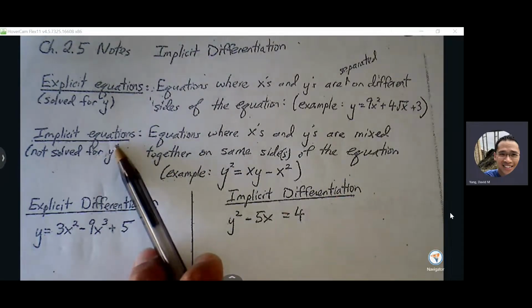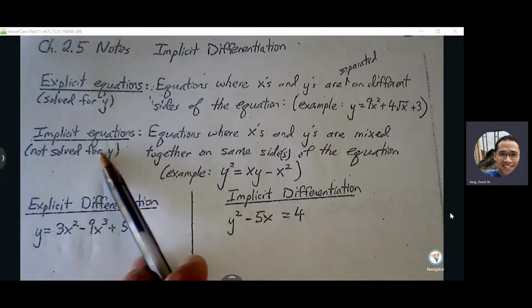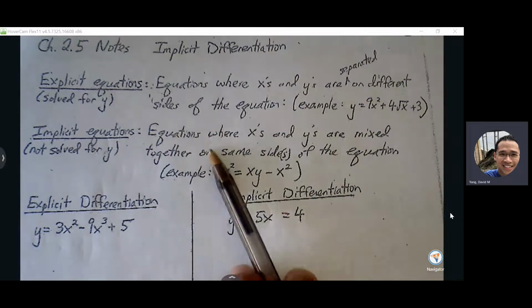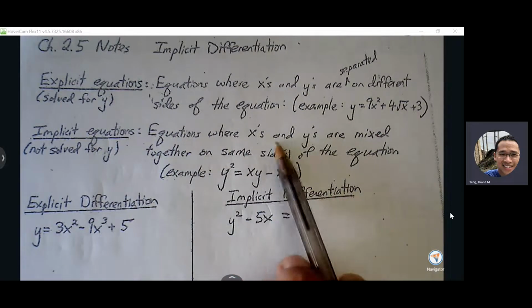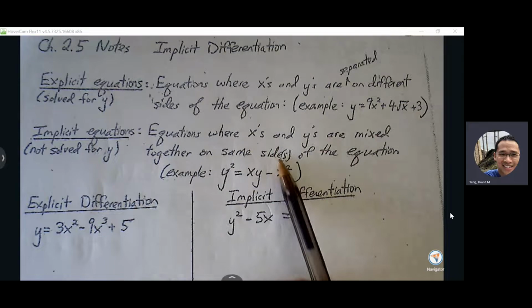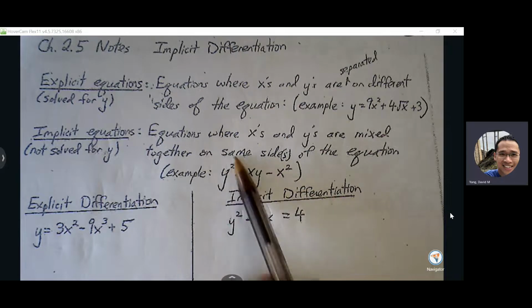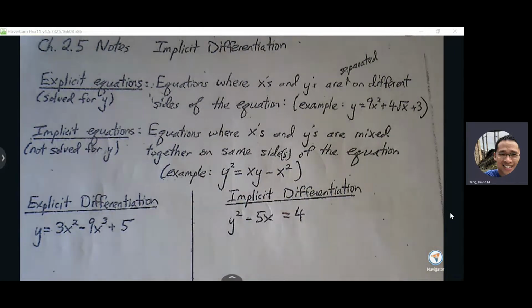Now, implicit equations, these are ones where it's not explicitly solved for y. And visually, what that looks like are equations where x's and y's are mixed together on the same side of the equation. Now, they may not necessarily be mixed together. It's just you see something strange about the y variable, either multiple y terms or y squared or square root of y.